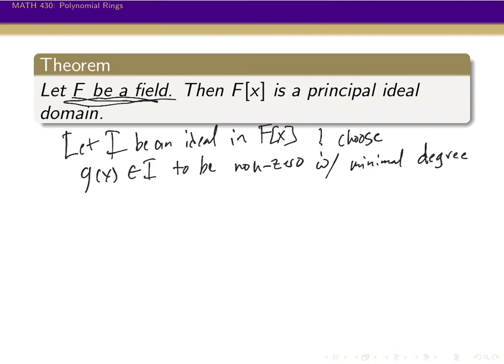Okay, and so the fact that we can choose this g(x) comes from the well-ordering principle.